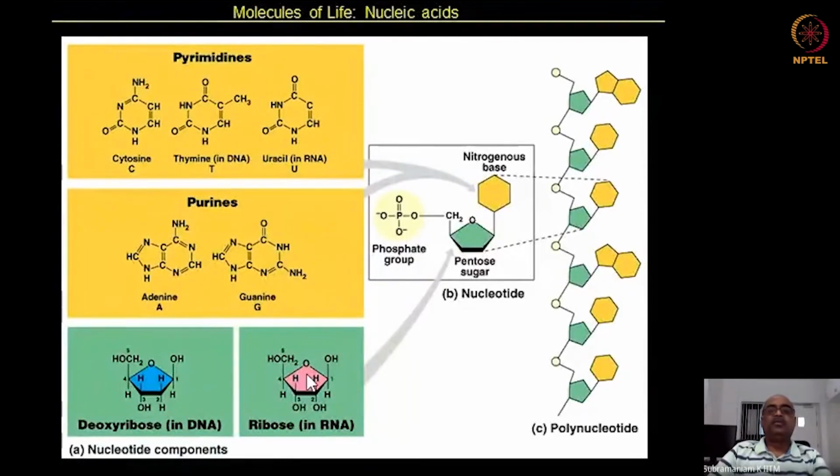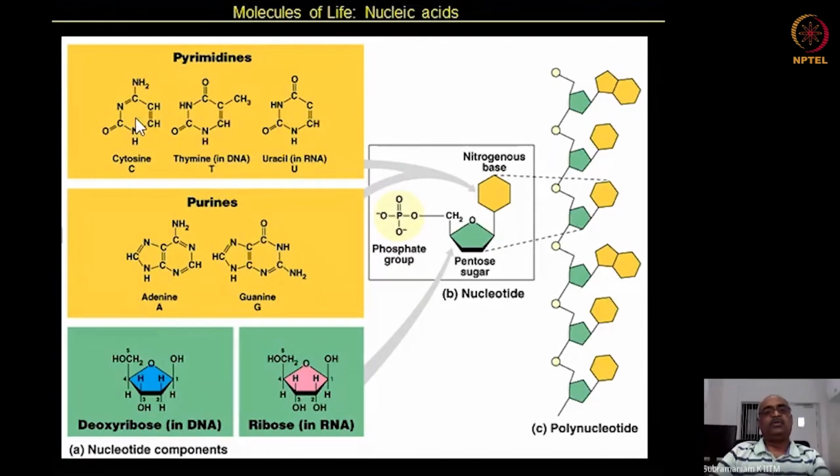Okay. One other important piece of information to learn here is that we don't call this carbon numbering 1, 2, 3, 4, 5. Instead, we call them 1 prime, 2 prime, 3 prime, 4 prime, 5 prime. The reason we number the carbons of the sugar in nucleic acid in this manner is because these purine and pyrimidine moiety atoms also need to be numbered.